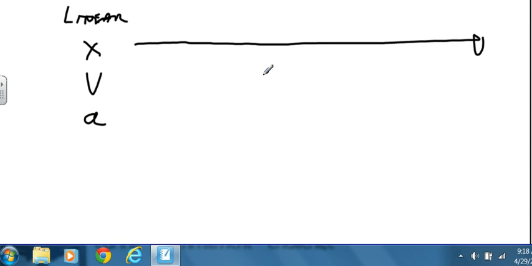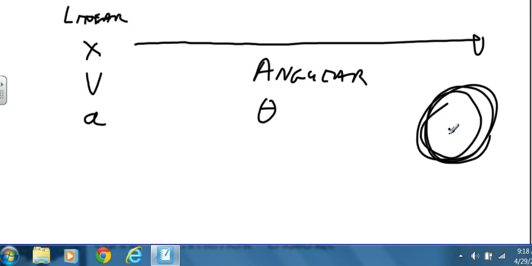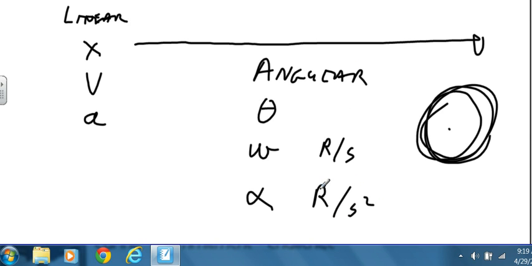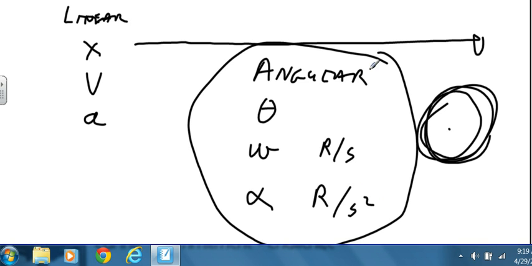But we also have angular positions, theta. How often do I go around the circle? Omega, angular velocity, radians per second. And alpha, angular acceleration, radians per second squared. So that's what we're going to be looking at, the things that look like that.